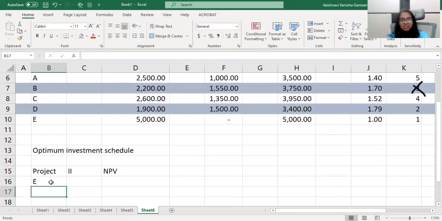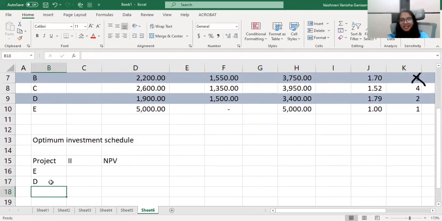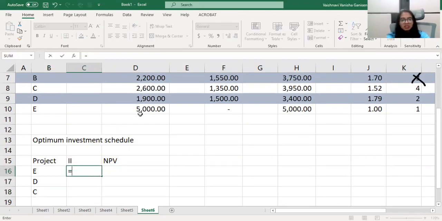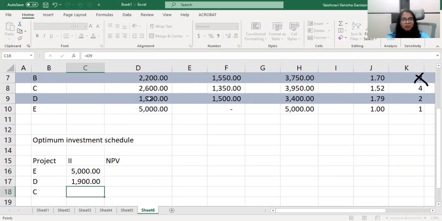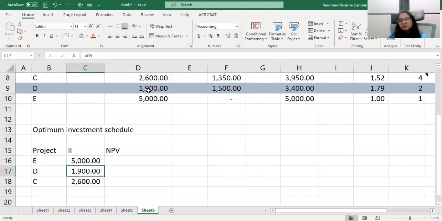I must take on project E, I will take on project D, and I will take on project C. So if I take on project E, it will be 5,000, D is 1.9, and C is 2.6. Students like to ask me, Miss, why do you stop here? Because if I do a mental calculation, this is less than 10,000, not exceeding the 10,000.